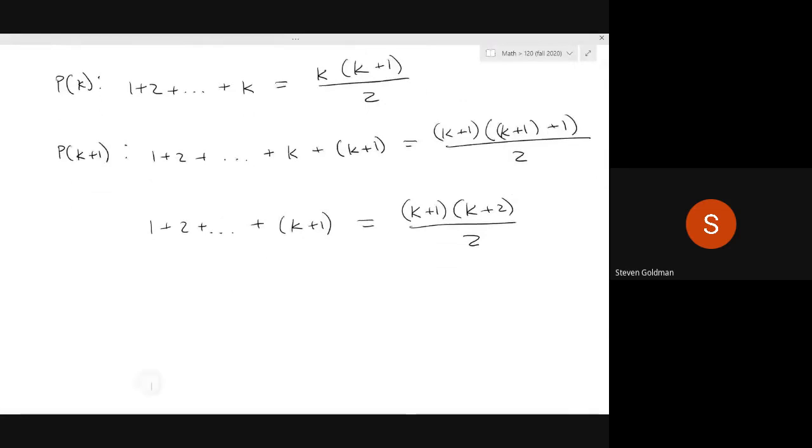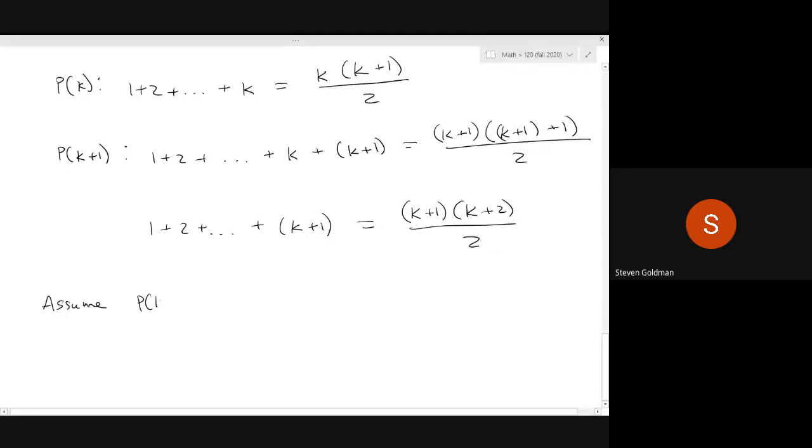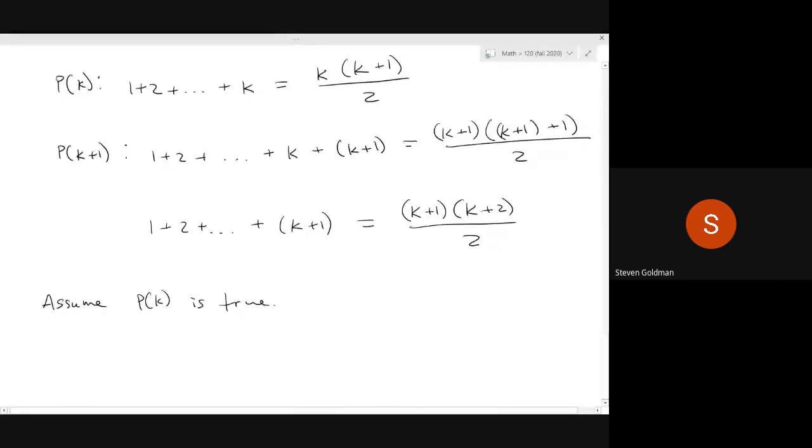All right. So we're going to do a direct proof. How do we do a direct proof? We assume that the hypothesis is true. So we're going to assume P of k is true.